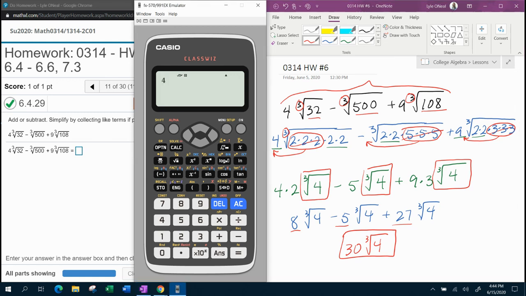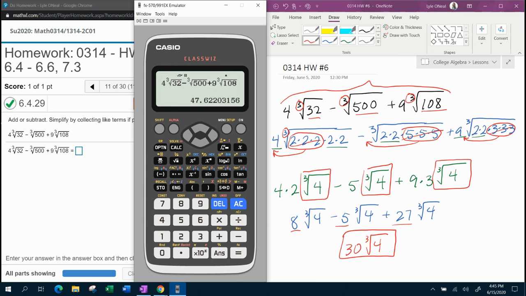So we're going to have 4 shift and square root for cube root, 4 cube root of 32, move out from under, minus cube root of 500, move out from under, plus 9 cube root of 108.